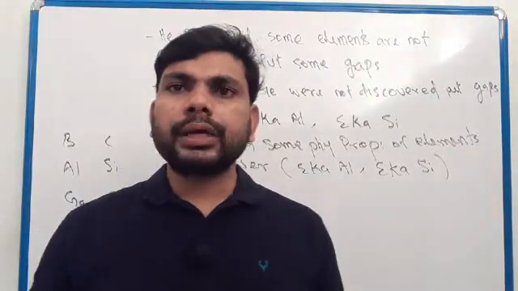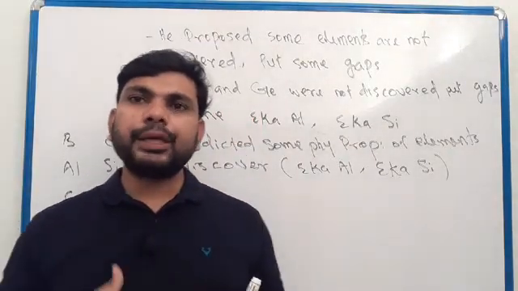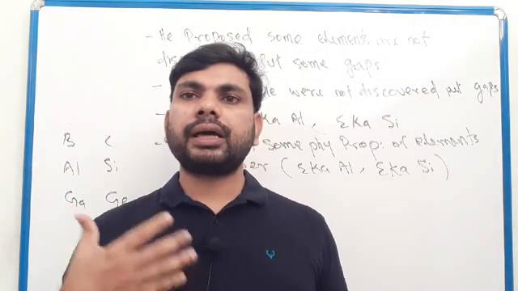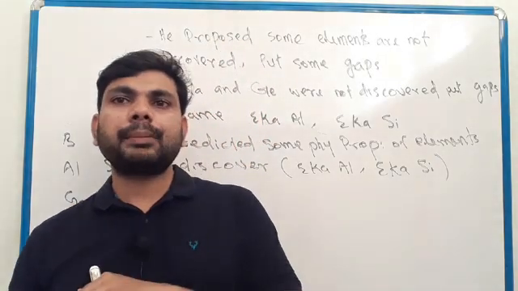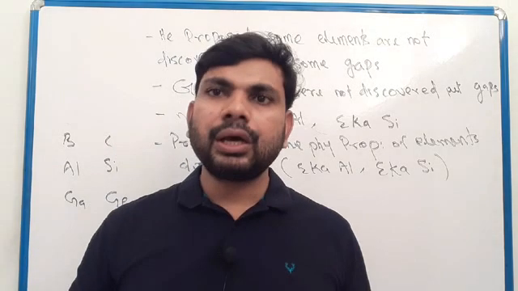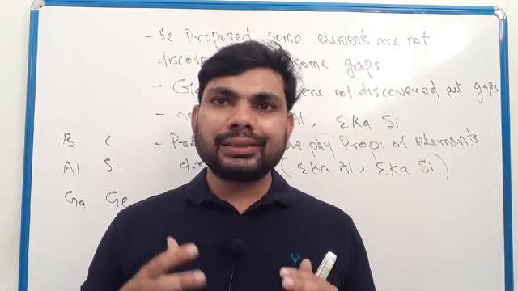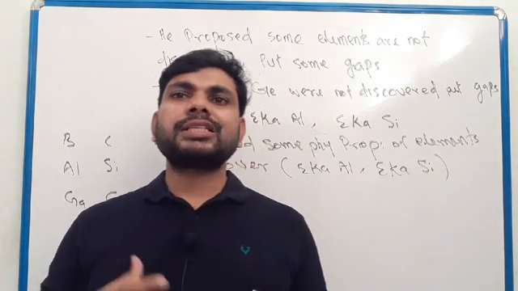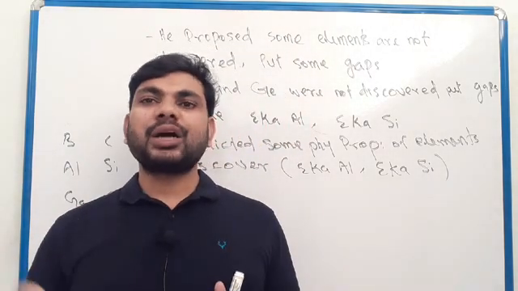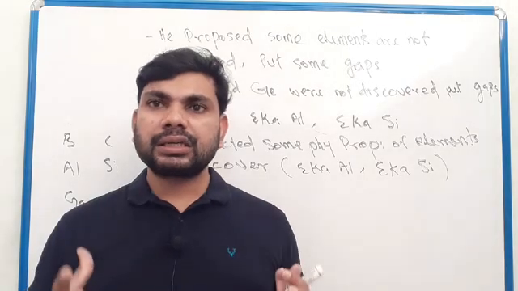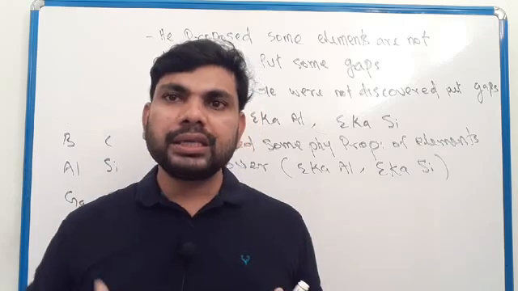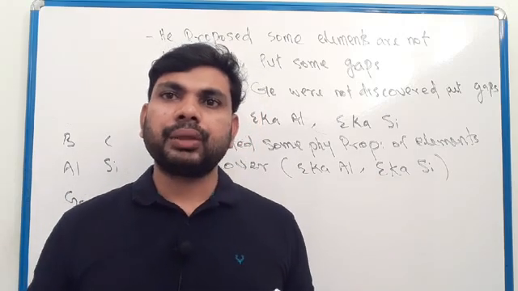Clear? Okay, so here we discussed Mendeleev's periodic table. Mendeleev arranged the elements according to their atomic weight, in rows and columns. Another important work of Mendeleev: he predicted that some elements had not yet been discovered and would be discovered in future.